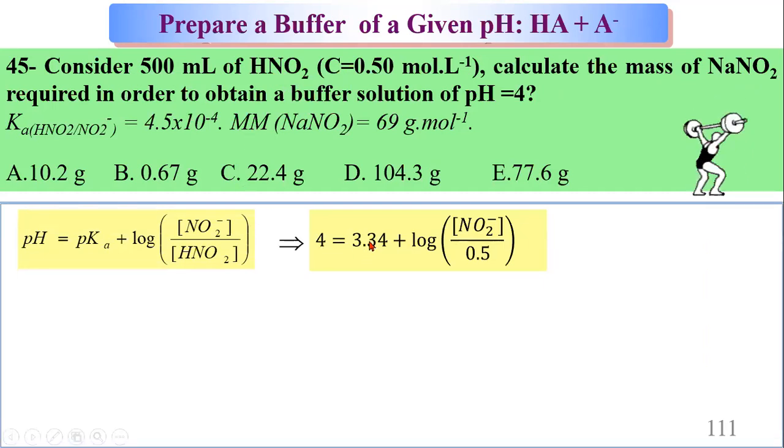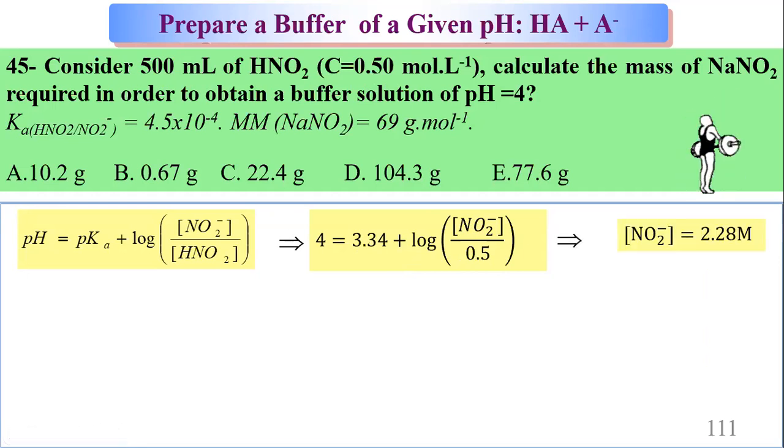You have the pKa, or if you don't, get it from the Ka value, minus log of the Ka, plus log of the concentration of the base, NO2 minus, divided by the concentration of the acid, HNO2. And again, I don't need to put volume here. I already have a concentration, 0.5, so that's enough. You don't have to multiply that by 500 and then divide by 500, okay? You don't need that. You already have a concentration.